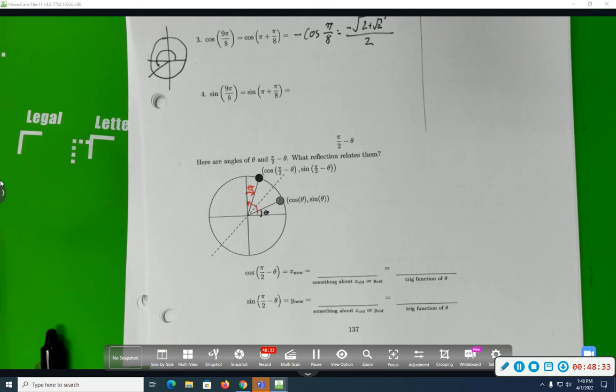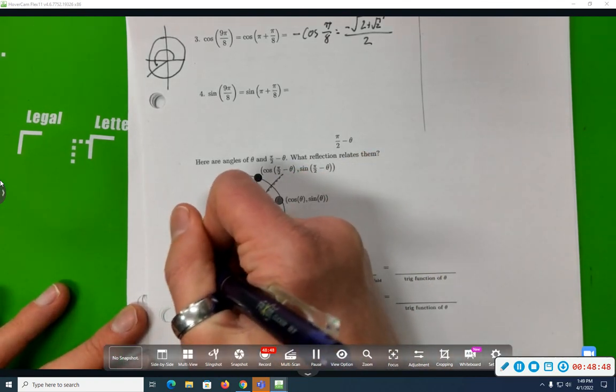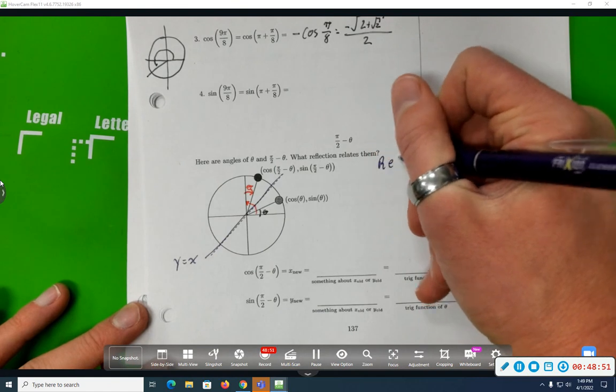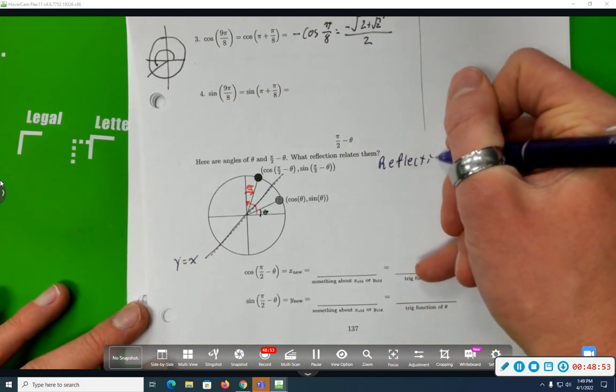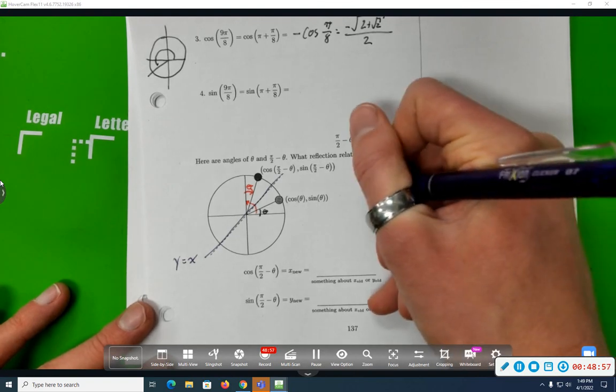How about the line y equals x? Yes. That is it, right? Yes. It doesn't need a fancy name. So apparently there's the line y equals x. These are given by reflection over the line y equals x.